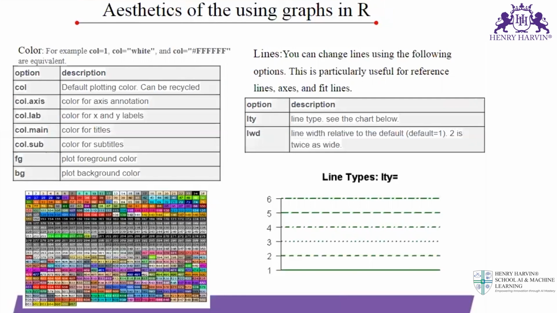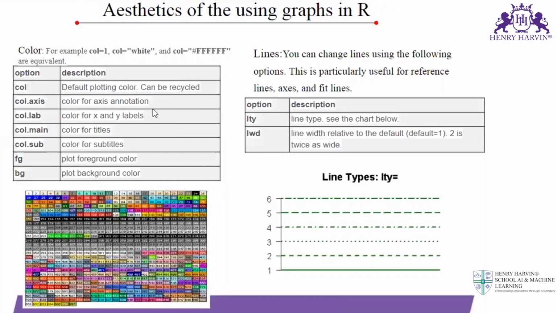There are multiple options that we can use to color. If we are plotting a graph, there are default plotting colors that can be recycled. So if there are multiple variables, you can always recycle the colors, changing the same colors differently for different variables. Then there are colors for axis annotations.